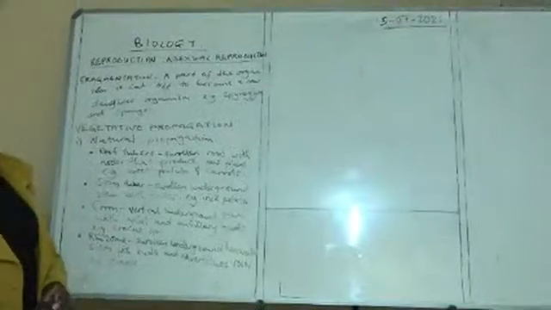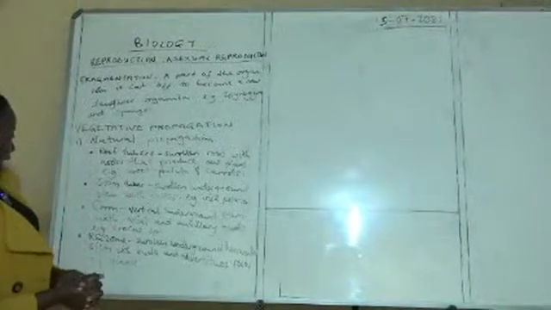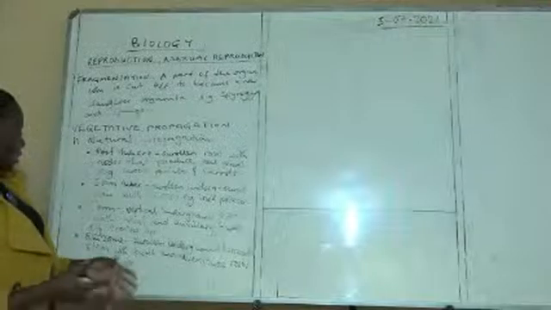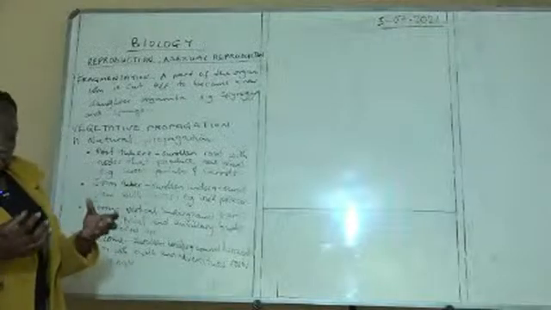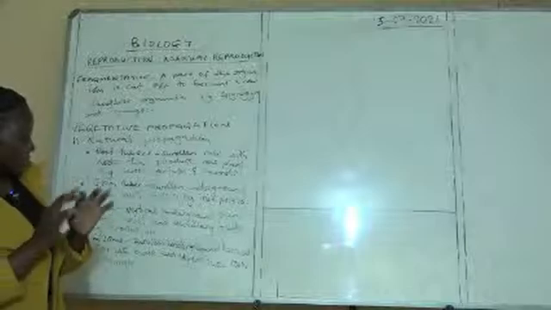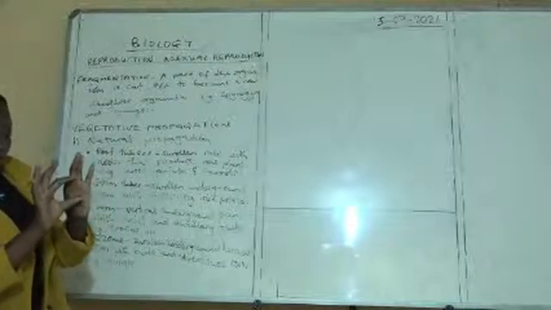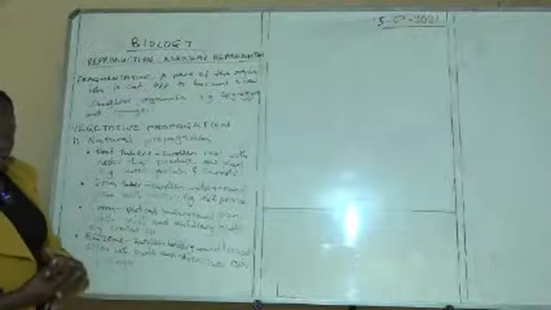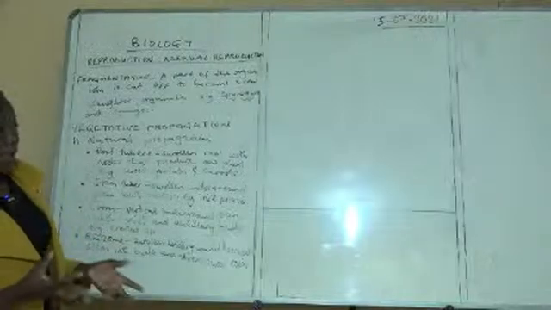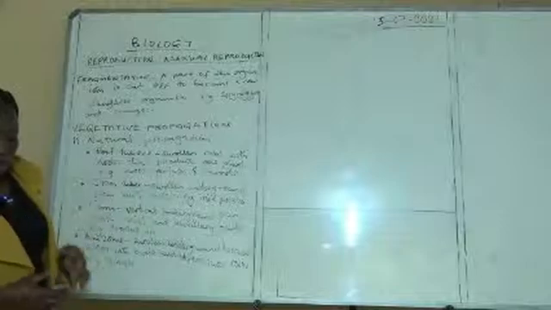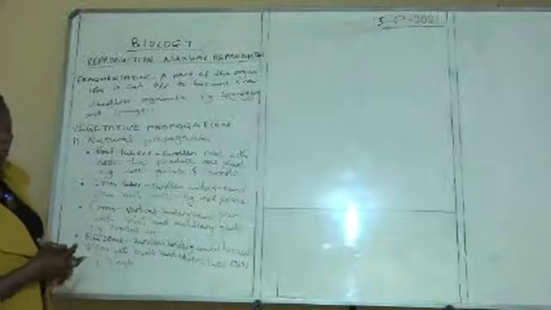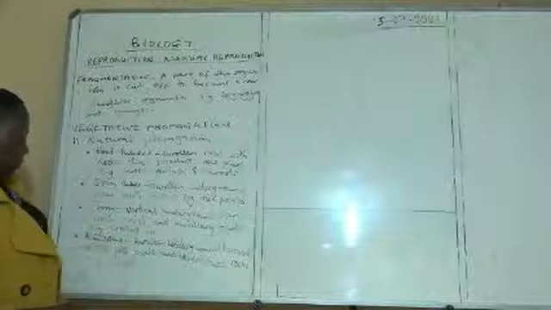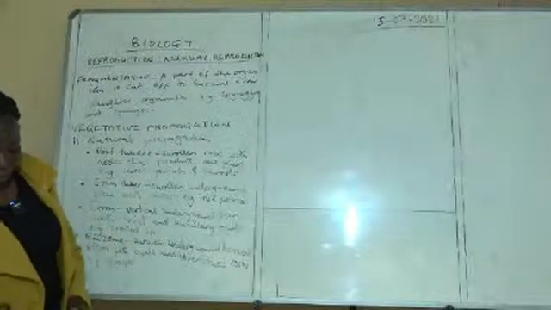It is also propagated naturally, and it is a rhizome. So you see that ginger is a very short swollen stem. Underground you'll find it sitting horizontally, and it has buds and adventitious roots from where new nodes come out and form a new plant. So a rhizome example is ginger.